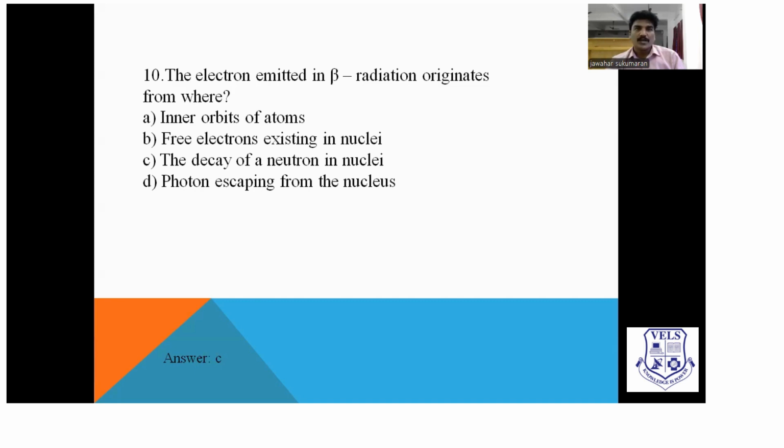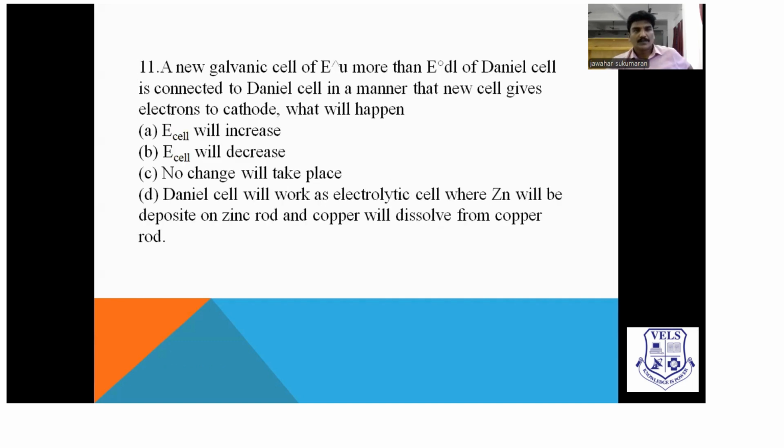The electron comes from the decay of a neutron in the nucleus. See, listen here. See the next question.